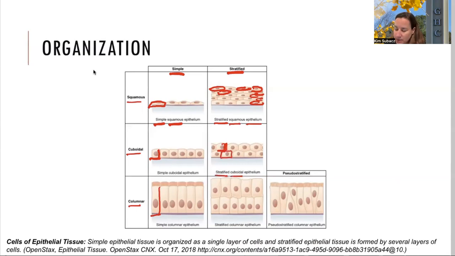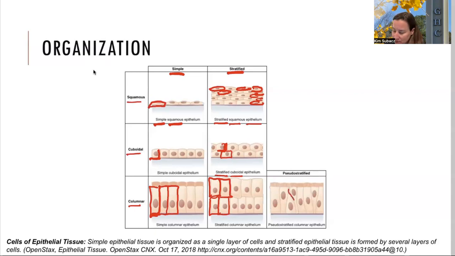Over here, this one, again, is really tall versus its width. So these are column shaped, and there's only one layer of these. So these are simple columnars, versus over here, where they are still column shaped, but stacked on top of each other. This is stratified columnar. And then we have this group of tissue that looks like it's stratified.